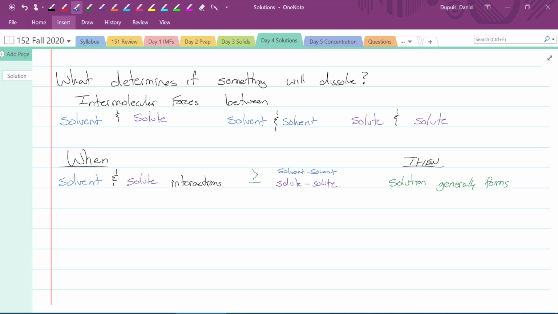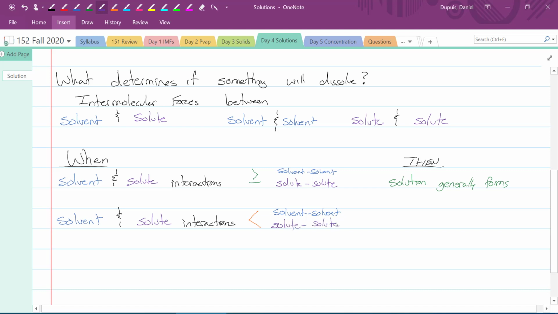And when the solvent and solute interactions are less than solvent-solvent and solute-solute, right, then the solution may or may not form.